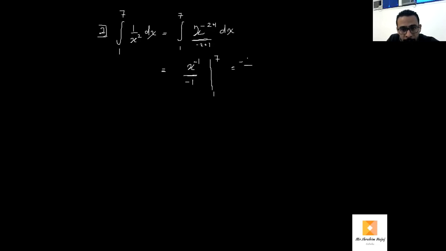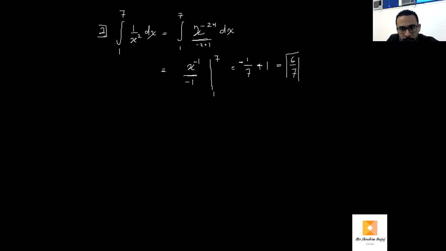It will be negative 1 over 7, because 7 to the power of negative 1 is 1 over 7, and we have the negative down here. You flip when it has a negative exponent. Minus, when it's 1, it is 1 over 1, and negative by negative is positive. So your answer is 6 over 7.